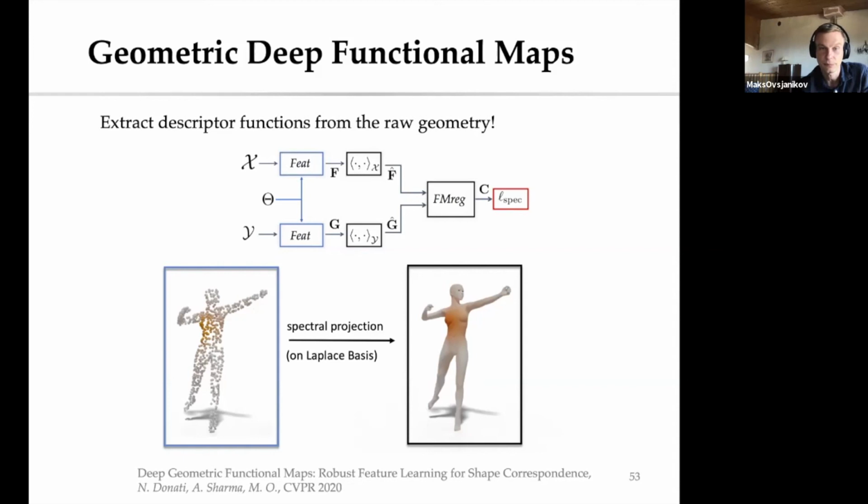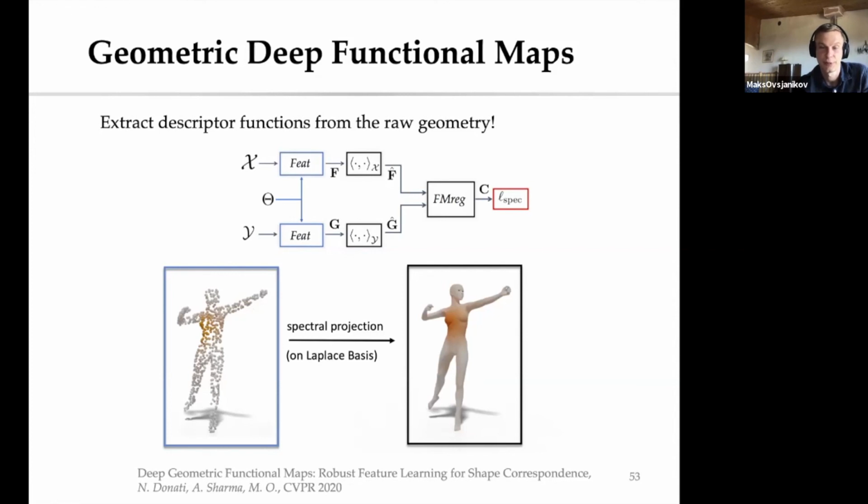One very simple, straightforward idea is, let's just take the shapes represented as point clouds, and learn the distribution of these descriptor functions on these point clouds, but then use the basis to compute the functional maps in that basis. Here we still use the Laplace-Beltrami eigenfunctions.